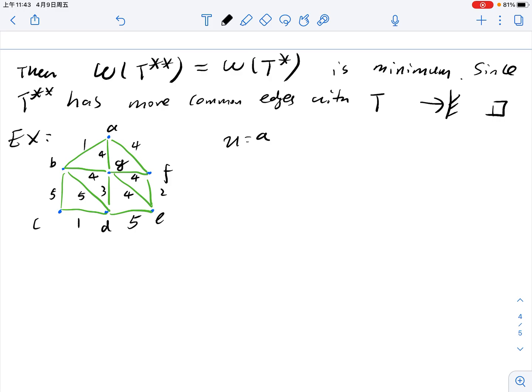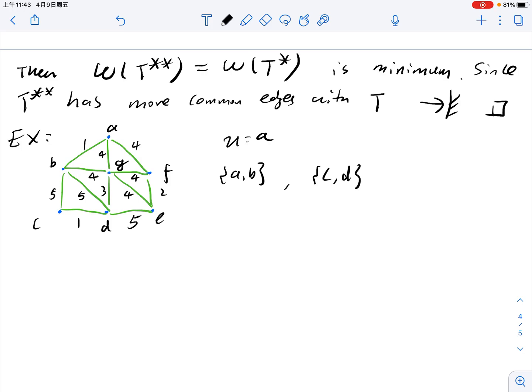Starting with A, it's clear that first we should choose AB. Okay, then we choose CD.